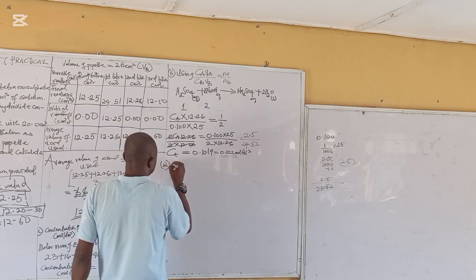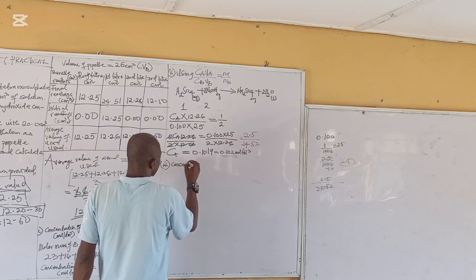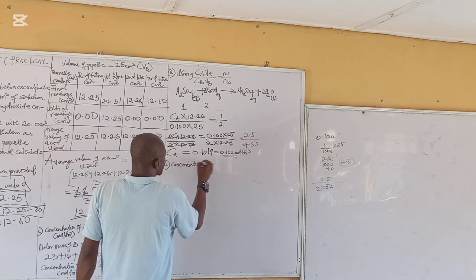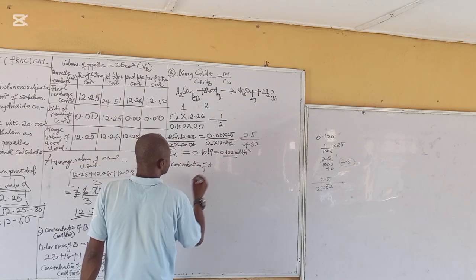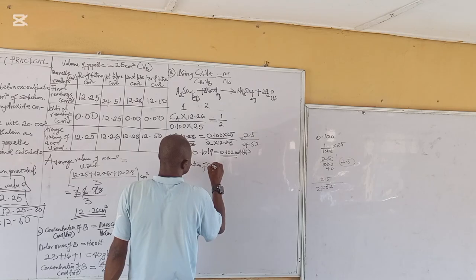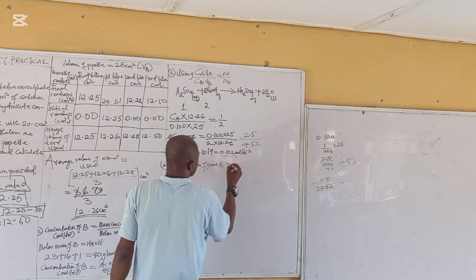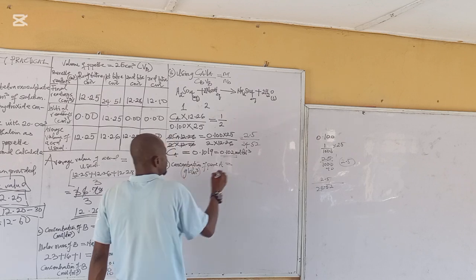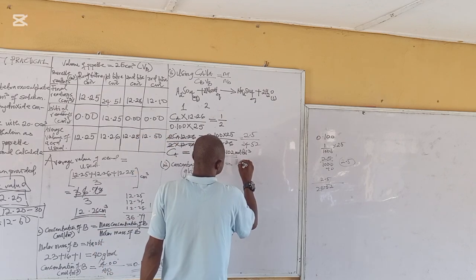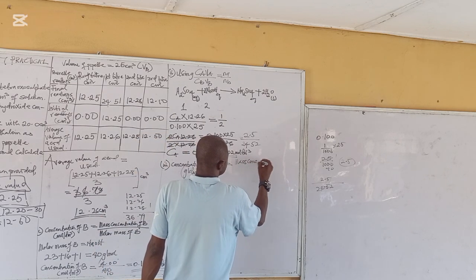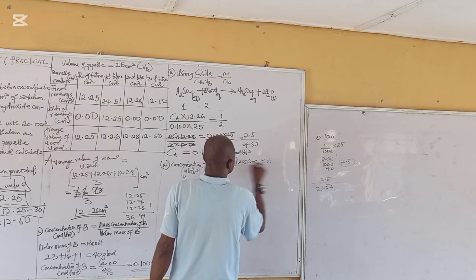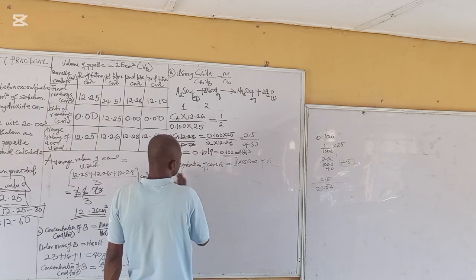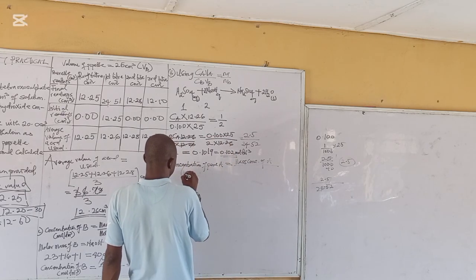The third one will be the concentration of pure A, in gram per dm cube. It will be the mass concentration of A all over the concentration of pure A in mole per dm cube.